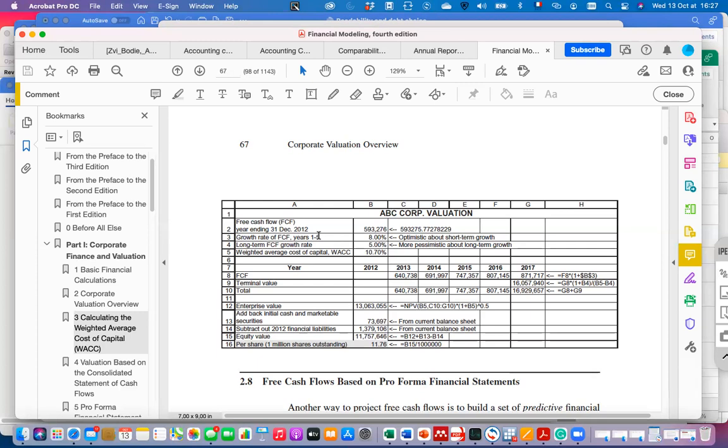Now, how to use these data in order to find the right value of the firm and of the share? Let me just remind you of the Gordon-Shapiro model. The Gordon-Shapiro model is a model that we use in order to find the right value of a stock, right?